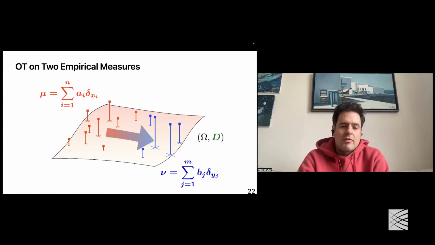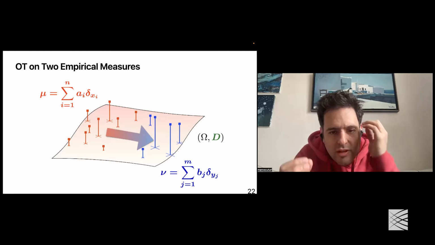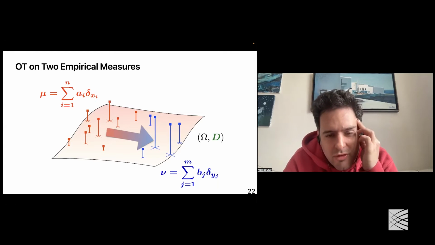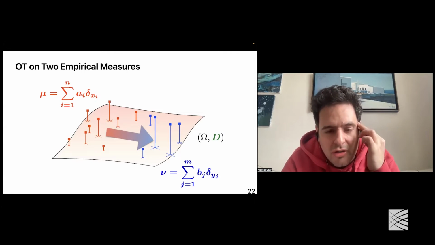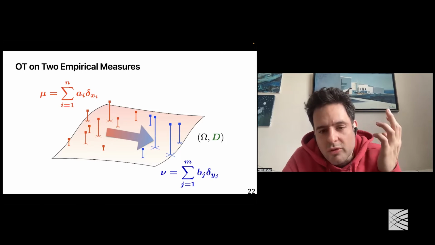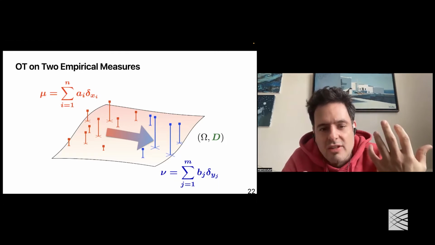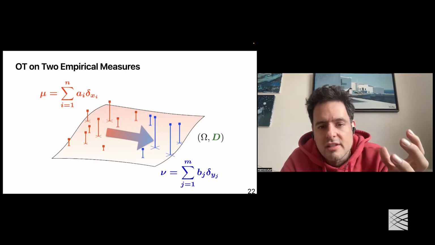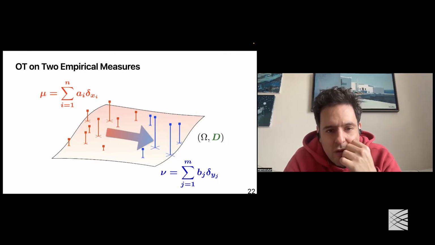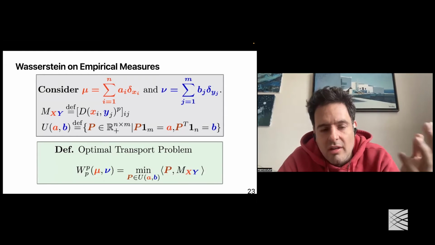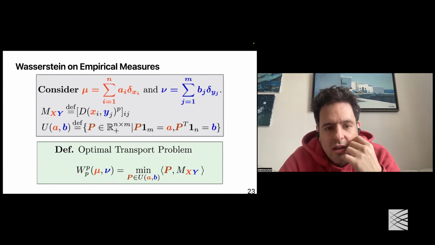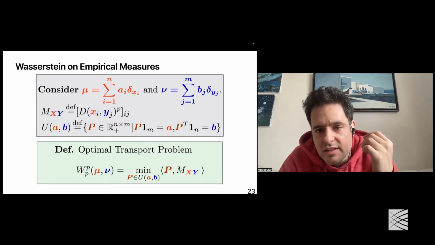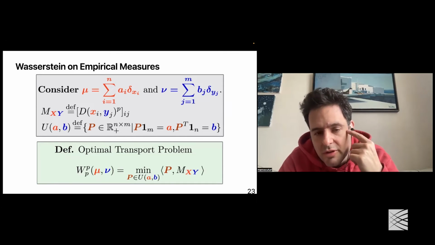If you encode things as a transport and not so much as a permutation, which can be seen as a relaxation of permutations, the natural way is to encode things in matrices. On the one hand, you will have a matrix containing all of the distances between the red points and the blue points.